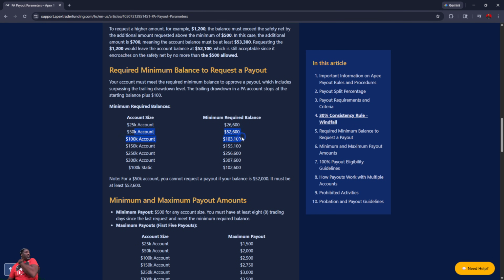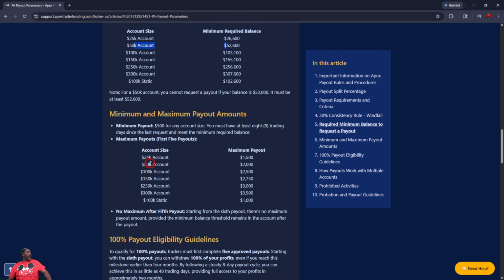For a 50K account, first 5 payouts, the max you can request is 1,500 for a 25K. The max you can request is 2,000 for a 50K, and the max you can request is 2,500 for 100K.